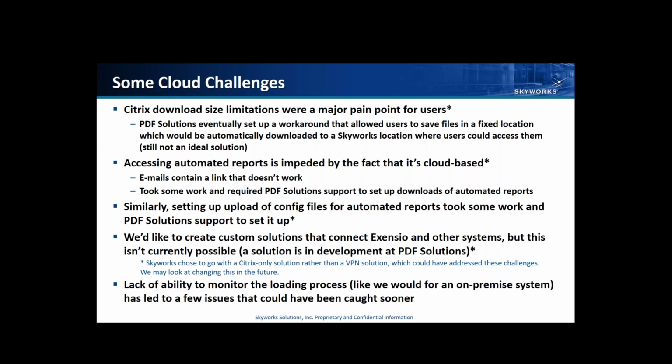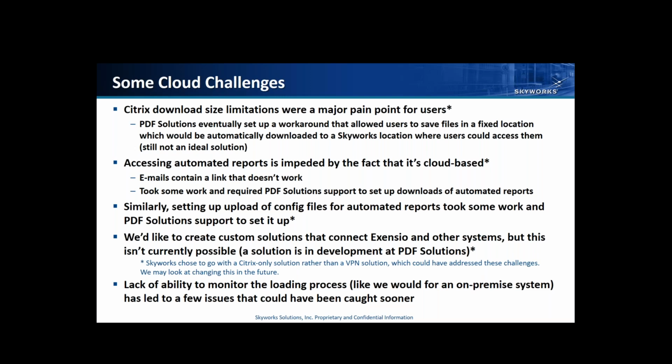Well, the problem there is the link is not something that they would be able to click on and get directly to it. They would have to connect to Citrix and do that. What we ultimately did was leverage the same automated download capability that we use for large files. So as we generate automated reports, we're generally sending them directly to a Skyworks location, posting them on an internal server or web server.